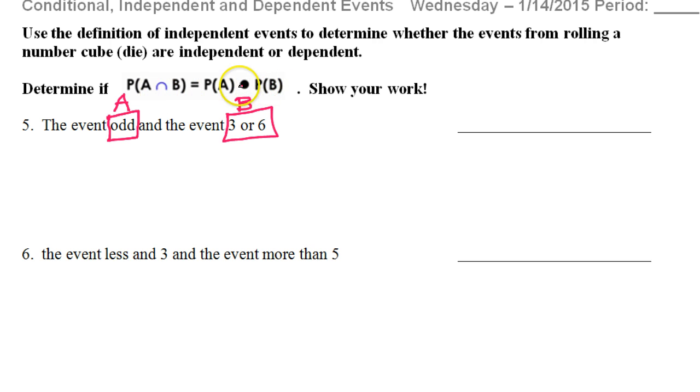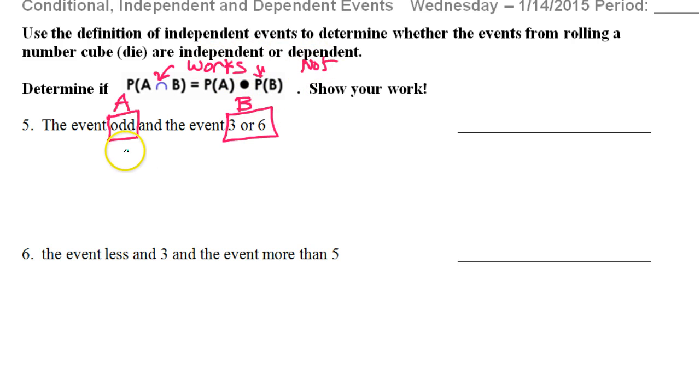If the formula is not true, then we'll say dependent. Maybe underneath where it says independent or dependent, we'll write "works," talking about the formula. Either the formula works for independent or it doesn't work for dependent.